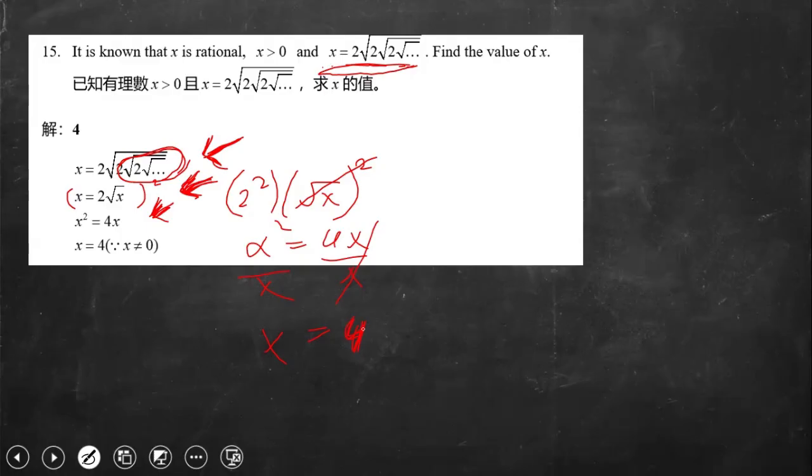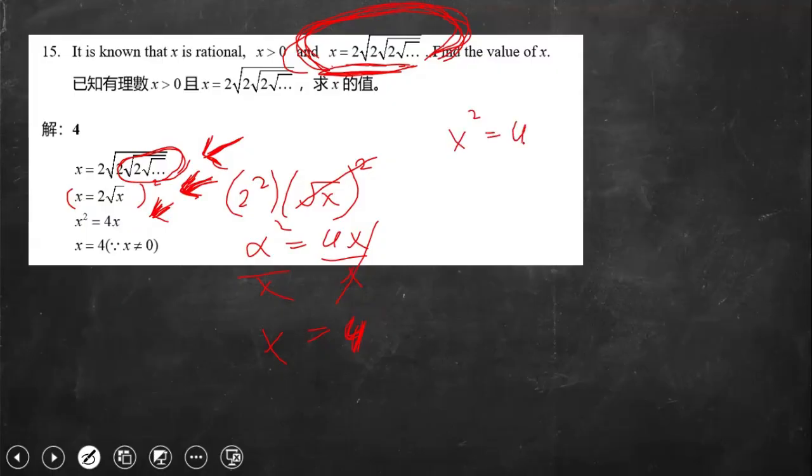Also, x is not equal to 0, daw. Why? Because of this. This won't be equal to 0, if you look at it. Why did it need to put that?